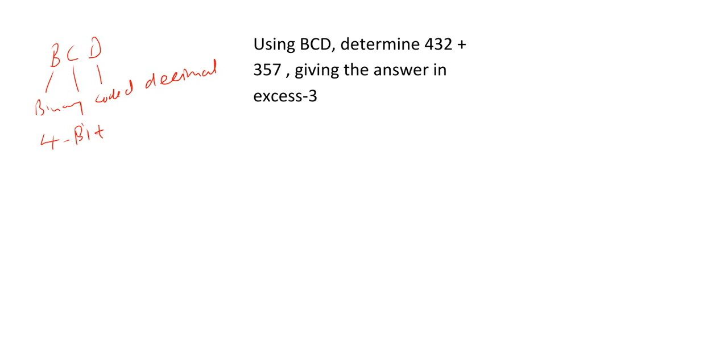Another thing you have to know, BCD only represents numbers from 0 to 9. So when you are adding, any number that is above 9 is regarded as invalid BCD. And for that case, the number that we get, we add 6 to make it valid.